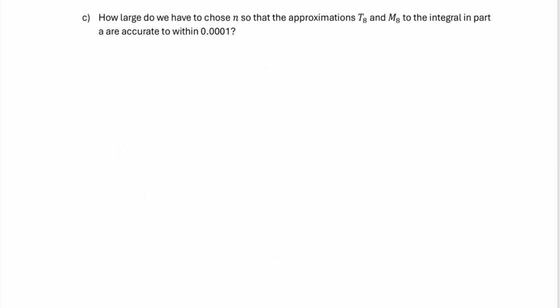How large do we have to choose n so that the approximations t8 and m8 to the integral in part A are accurate to within 1/10,000th? Let's start with what we know about the error in the trapezoid rule.